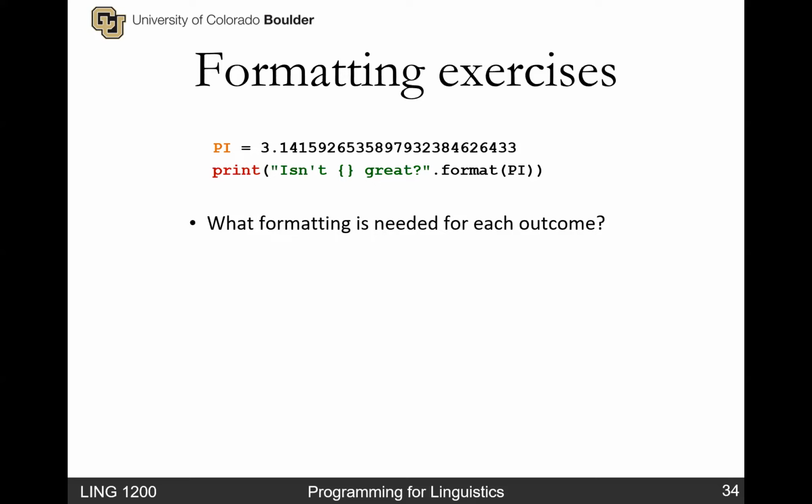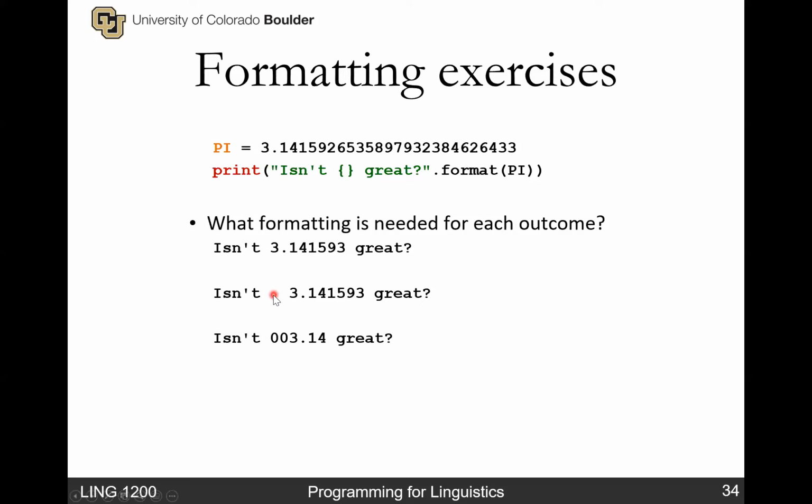All you need to do is give the curly braces and what would be inside of them to get the outcome for these 3 strings. And I'll point out here that you have 2 spaces right here, 2 additional spaces after this space right here. So take a moment and write down what the formatting should look like.